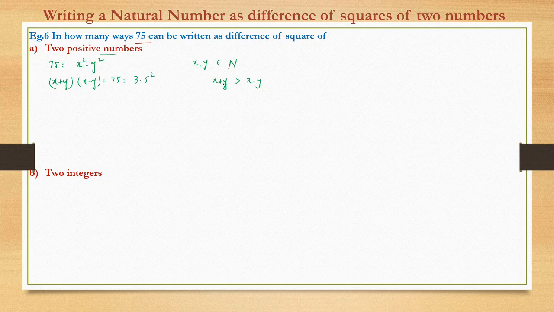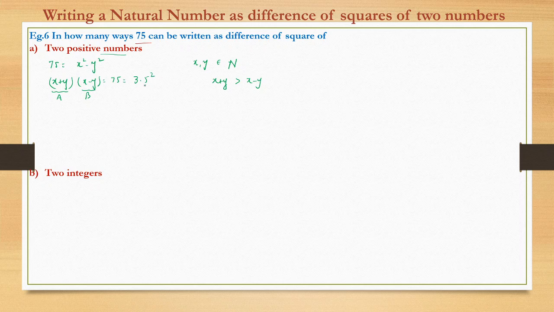So the sum of two natural numbers would be more than the difference of the two natural numbers. Let this be A, let this be B, right? And x + y is positive, so x − y has to be positive, so that positive into positive will give a positive number. So it means x is greater than y. That is simple.